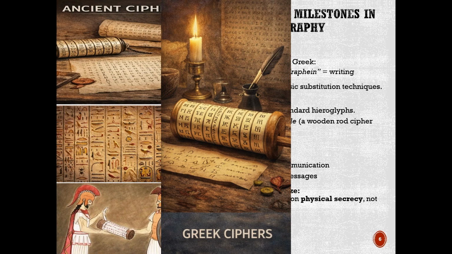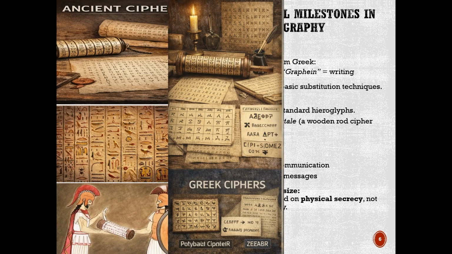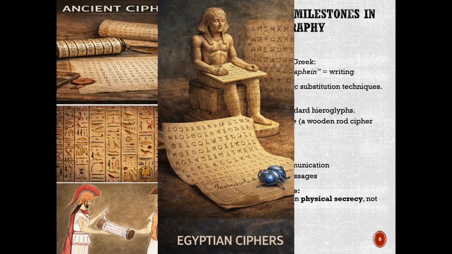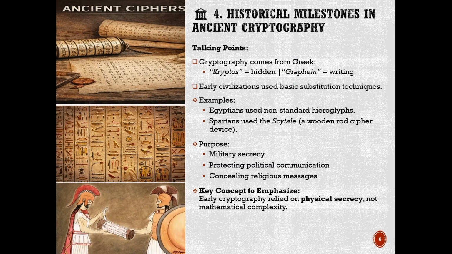Now the Spartan scytale, which was a wooden rod cipher, would have been a more advanced form of technology, where they were introduced to an alphabetical system, whereas the Egyptians were just using tablets of stone and inscribed drawings on the walls that they were unable to decipher clearly.